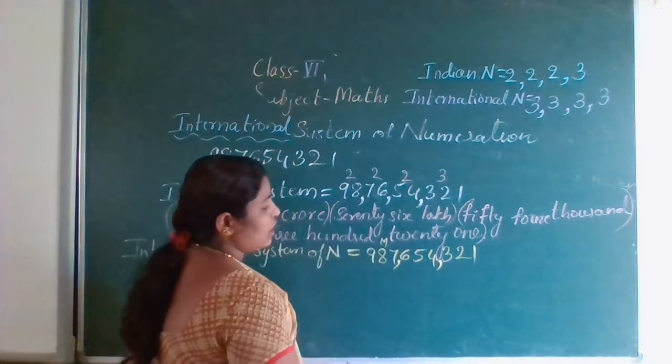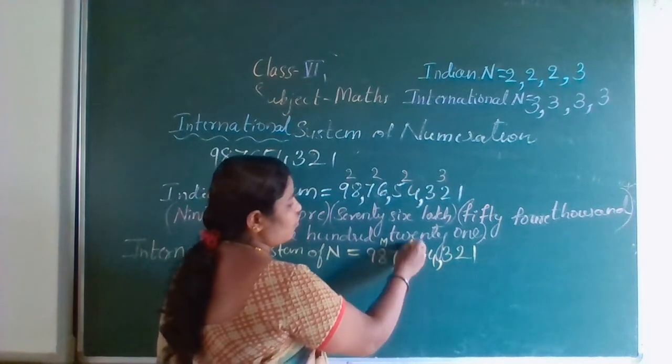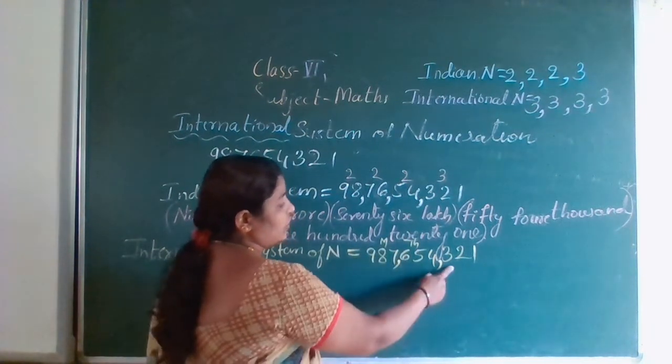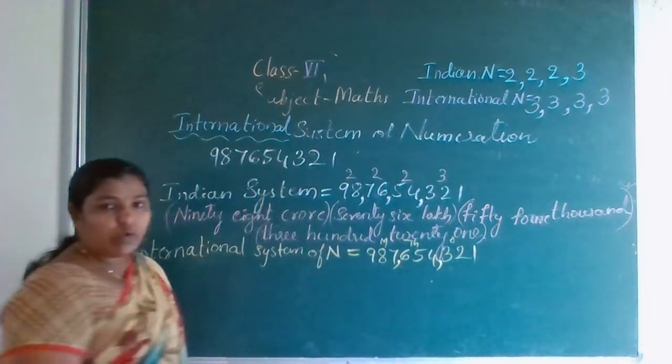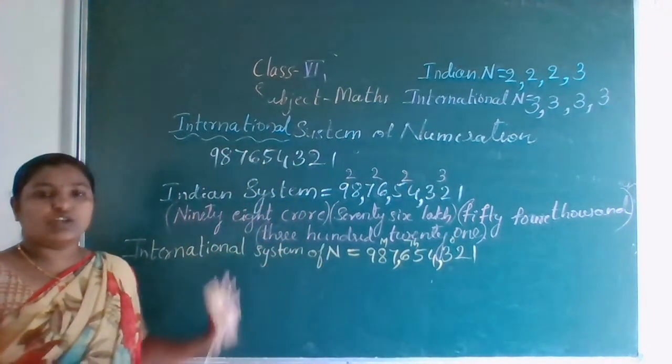987 million, 654,321. This is the ones group. How have we read it now? Like that you should.